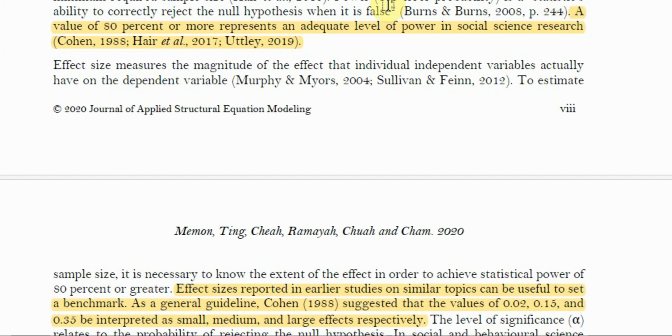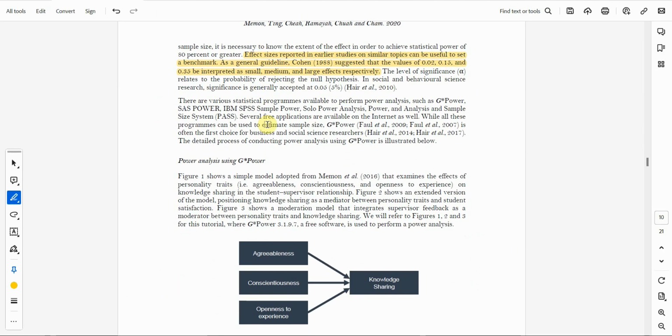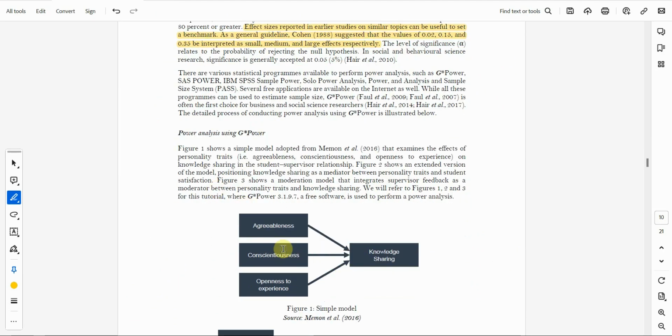Now then, there is G*Power, or power analysis applied through G*Power software. It is based on your effect size and the power. Effect size is 0.02, 0.15 and 0.35, which represent small, medium and large effect size. Normally the minimum level of power is 0.80 or 80%. So let's assume I've got this model here.